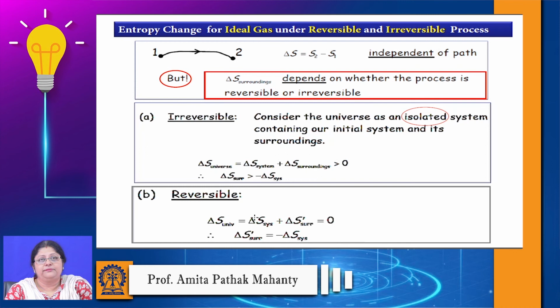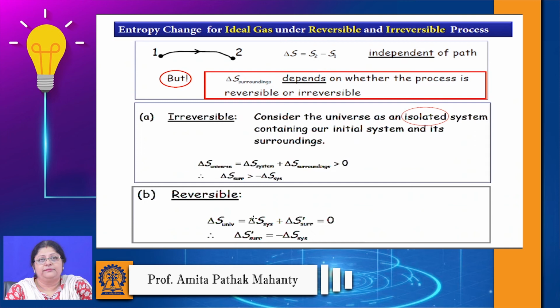But what happens to an irreversible process? For an irreversible process, the entropy of the universe is going to be greater than or equal to 0. That means the entropy change of the surrounding will be greater than whatever entropy change you have for the system. It is important that we evaluate this also.